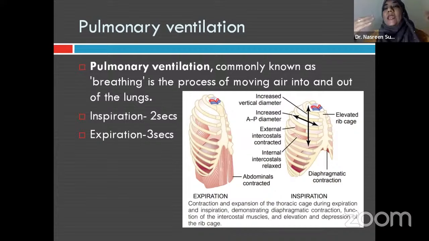When you inhale deeply, you will see the changes here in the chest region and in the stomach. Just inhale once. Your stomach is bulging like a balloon, because you are taking air inside. Now you are expelling the air. So what happens here?